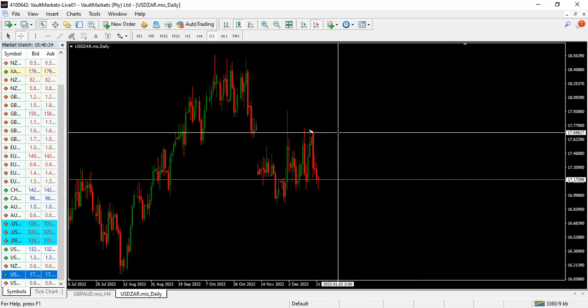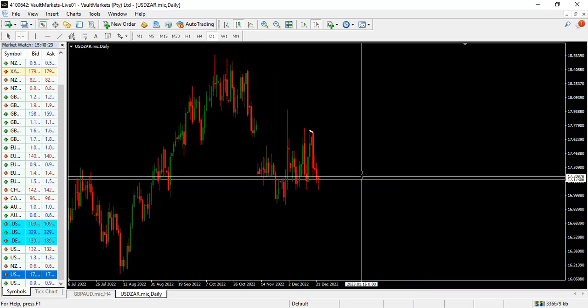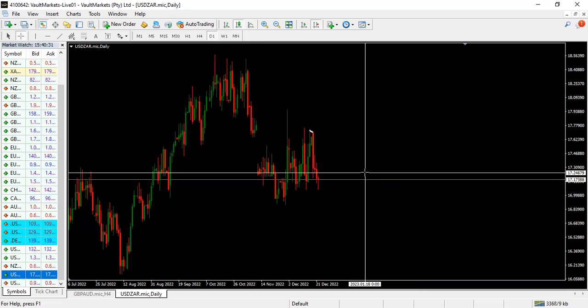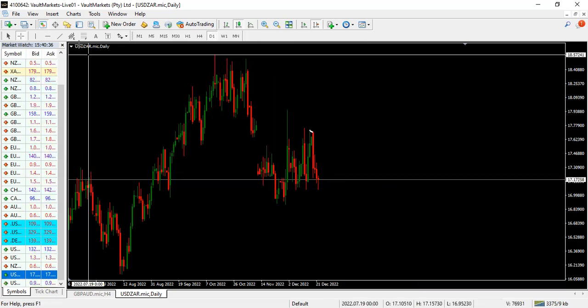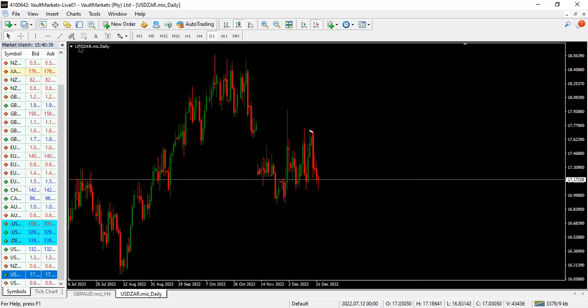So the more you make money in dollars and bring it here to South Africa, the more you're going to make money. As you can see now, on our left hand side we have US dollar, on the right hand side we have ZAR. So if South Africa loses value, the dollar gains.